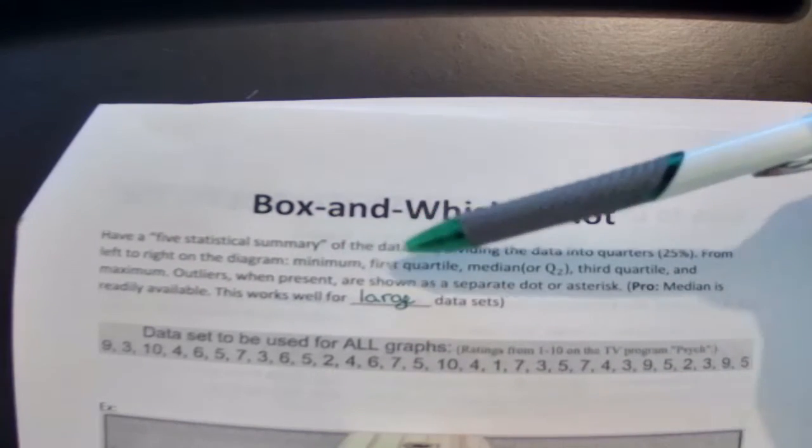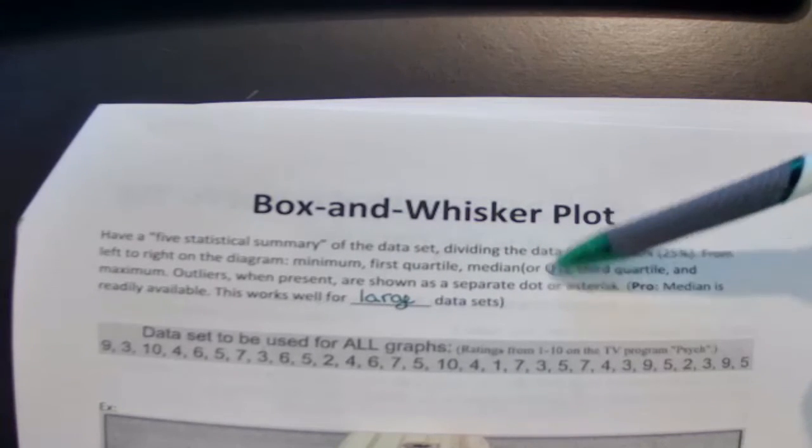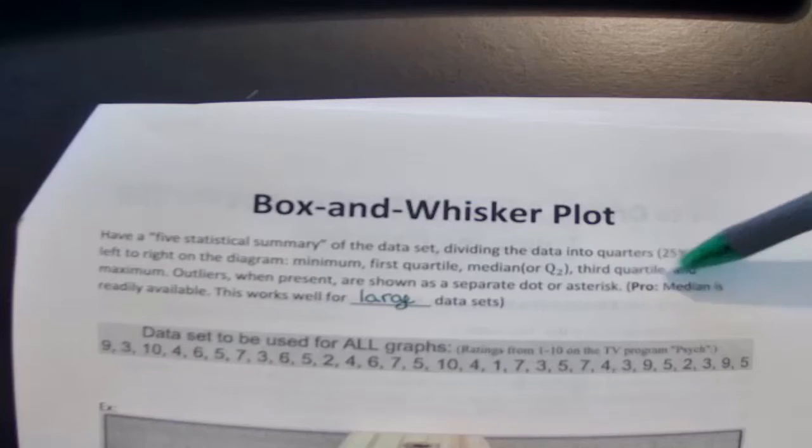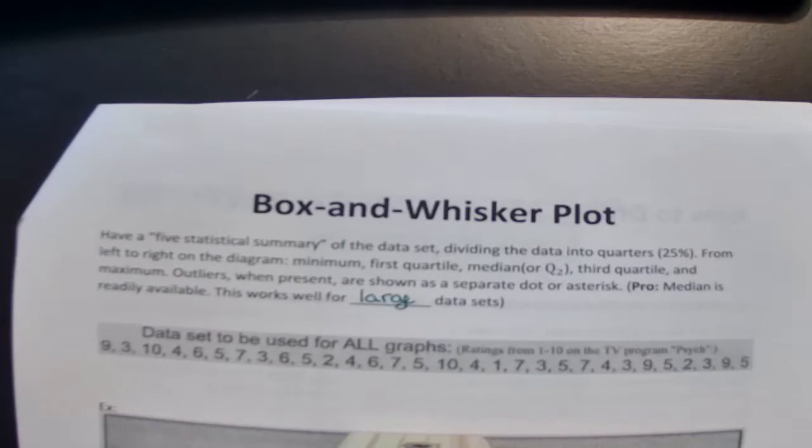So you have minimum, first quartile, the median, or Q2, third quartile, and a maximum. Outliers when present are shown as a separate dot or asterisk. So the pro for this is the median is readily available, so you can see that very easily. This works really well for large data sets.